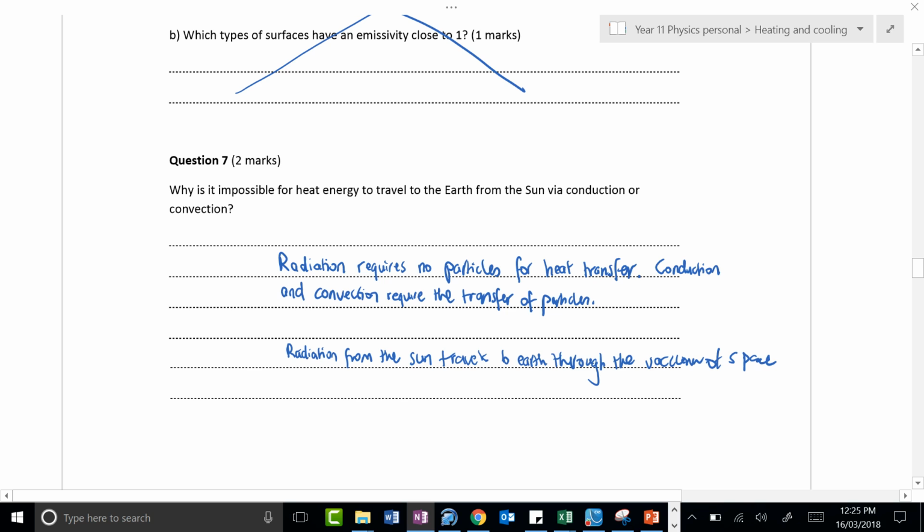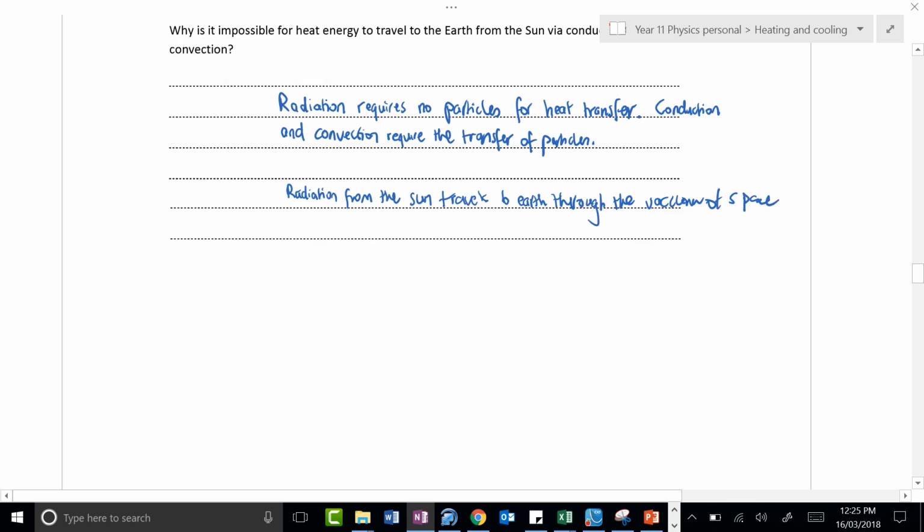It's really hard to write this quite neatly. So that's about all you would need. Probably didn't even need that much. If you're just saying that radiation requires no particles and that conduction and convection require the transfer of particles, that would probably be enough. Don't need to go overboard.